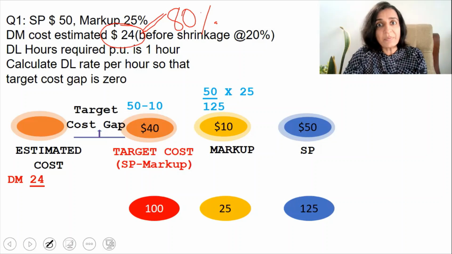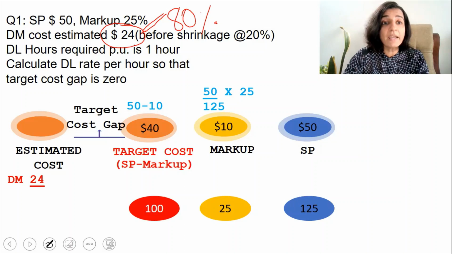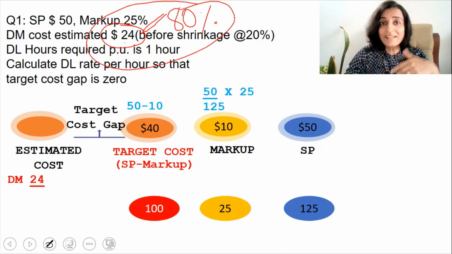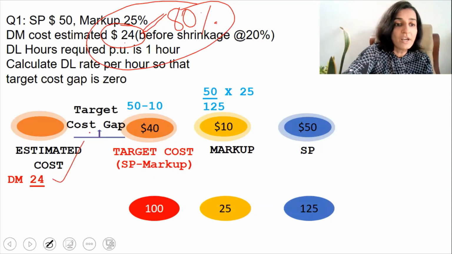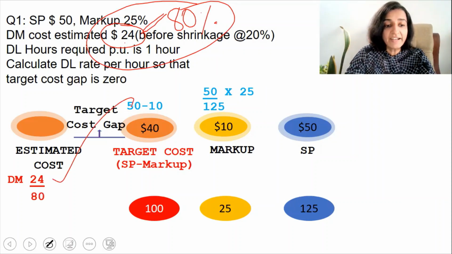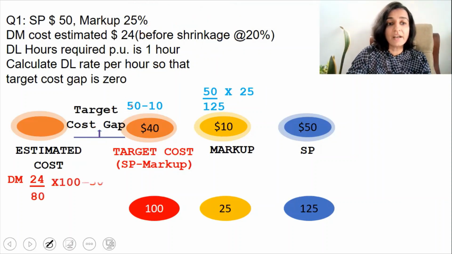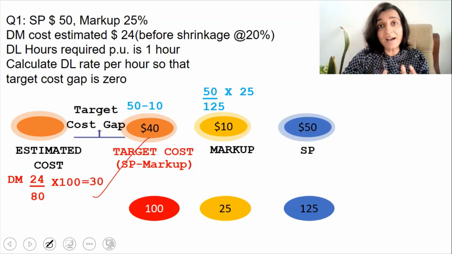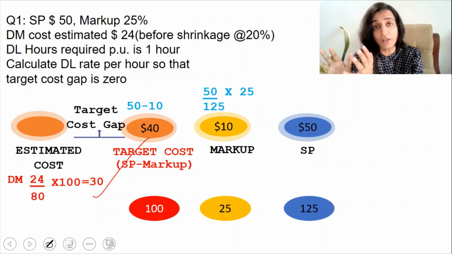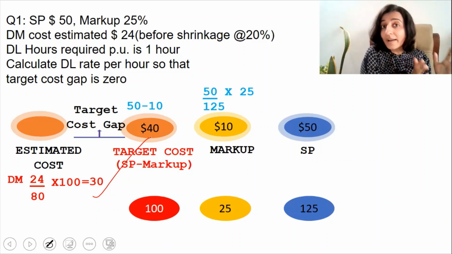But we don't want 80% of the raw materials. We want the full 100%. So how much quantity of raw material should we buy? $24 is equal to 80%, which means that 100% will be equal to $24 divided by 80 into 100, giving an amount of $30. Only if we buy the raw materials for $30 will we get the required quantity of material after shrinkage.